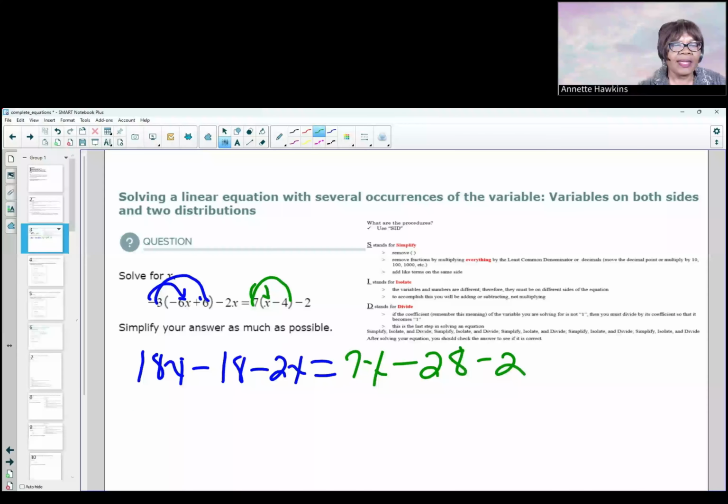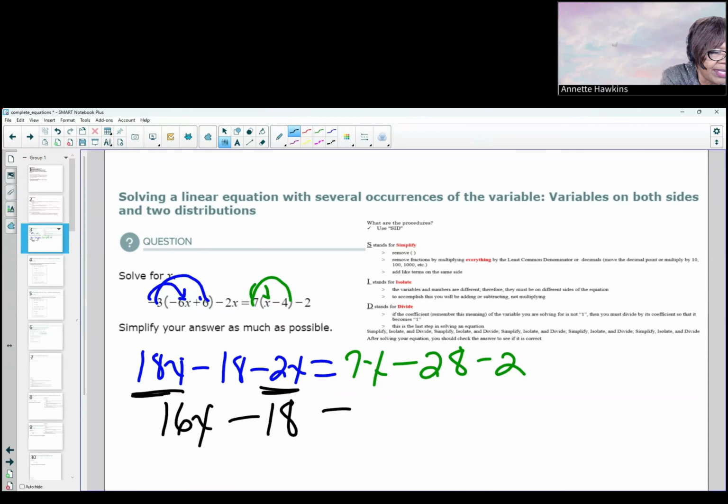Okay. Now, we don't have any fractions or decimals, but we do have like terms on the same side. So on the left-hand side, 18x and minus 2x are like terms, and we need to combine those. So that's 18 minus 2, which is 16x, and then I rewrite minus 18 equals. Now on the right-hand side, we have minus 28 and minus 2.